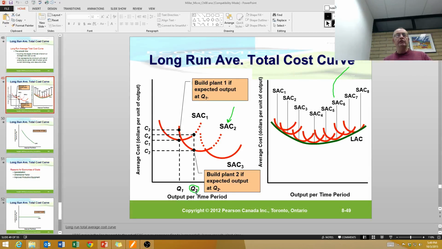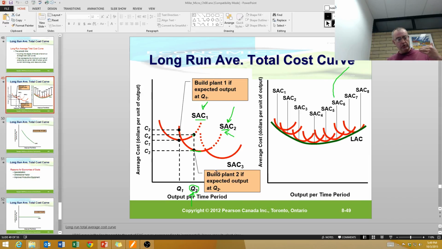So if we want to produce this many hundred thousands of vehicles per year, we would pick a plant having this short-run average cost curve, not this one here, because our average total costs are going to be lower with this plant rather than that plant. Yes, we can still produce in this plant, but our average costs are going to be higher.